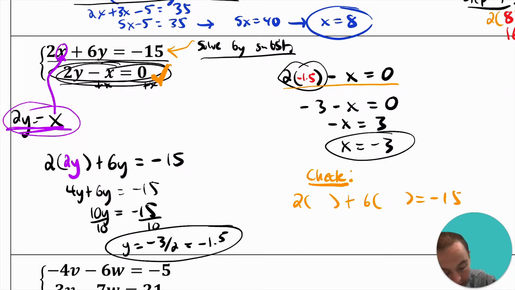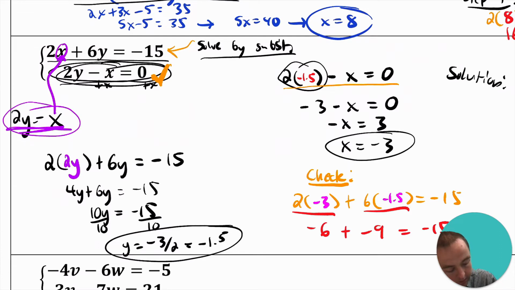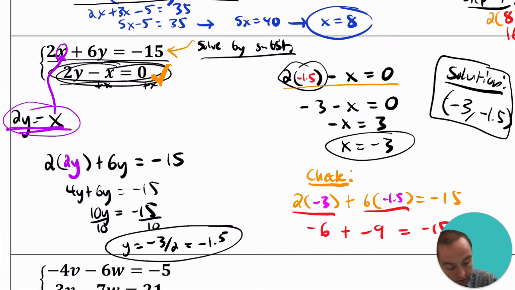Your x is the negative 3 and the y is the negative 1.5. If we multiply right there, you get negative 6. And if we multiply right there, you get negative 9. We're going to add, and that does equal negative 15. So we're good there. We have found the valid solution to this particular system. The solution being the ordered pair, make sure you put the x first, negative 3, and the y, negative 1.5, gives you the correct solution to the system.